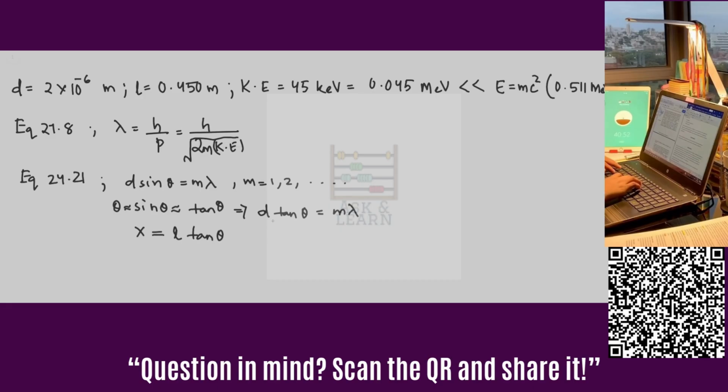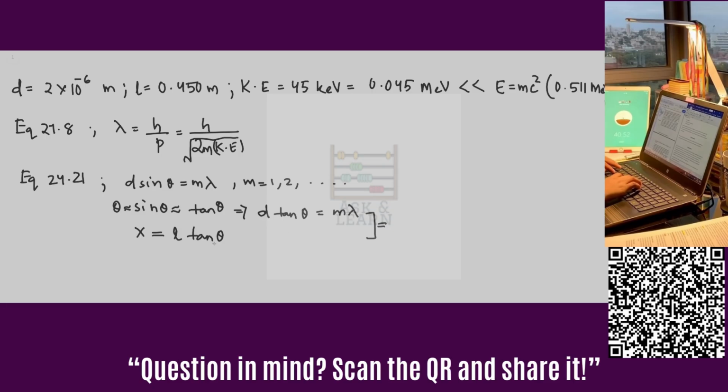So we use these two equations, basically take a ratio of each of the sides, and we get m lambda over L is equal to d over x. Oh, sorry, I took the ratio from the wrong side.